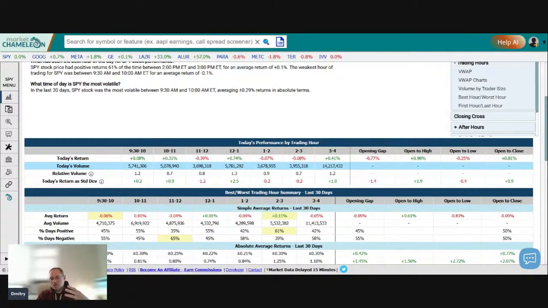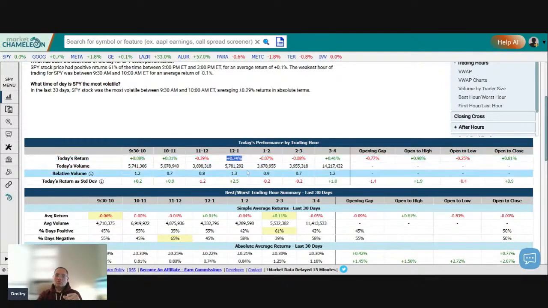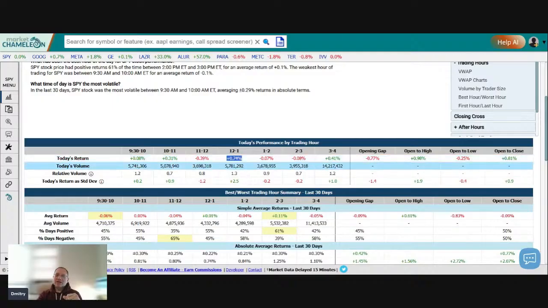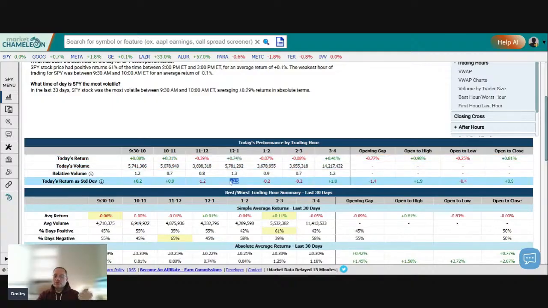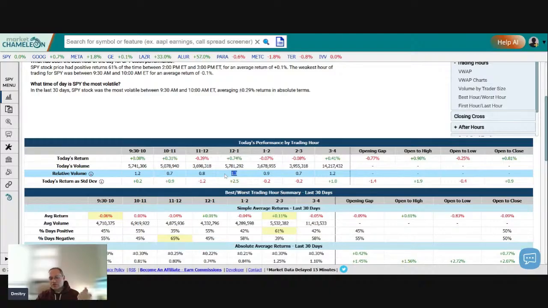Because if we saw, for example, that between 12 and 1, the market that hour made an outsize move on larger than usual volume, we could compare that. Well, what did Meta or Google or whatever you're tracking follow the market in that situation? Did it lag the market? Did it overperform? Did it underperform?